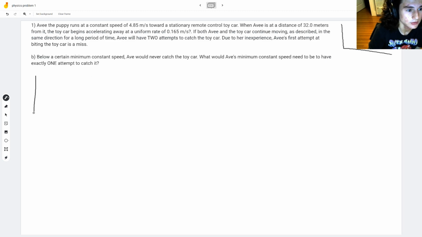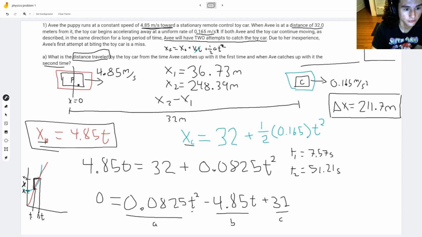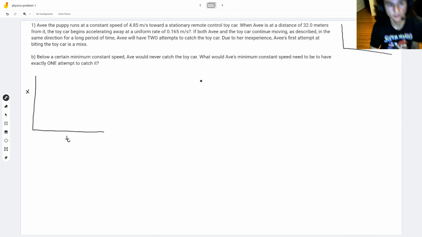So what I'm going to do here is draw a graph again with x over here, meaning position or distance, and t over here. This is still assuming that the x reference for 0 is at where the puppy starts moving. Now I'm going to make two graphs.